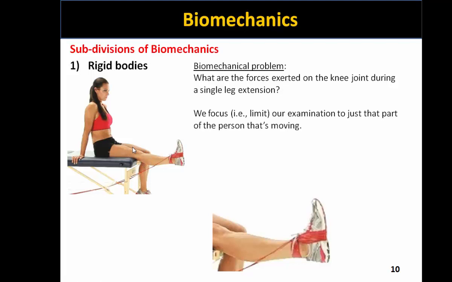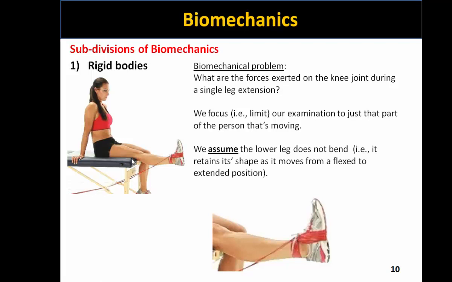What we do here is limit our examination to only the part of the person that's moving, or just the part that is performing the exercise. So we're not going to concern ourselves with the left leg, the hips, the arms, or the low back whatsoever. We're just going to focus on this lower part of the right leg.